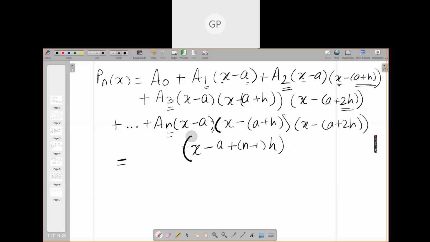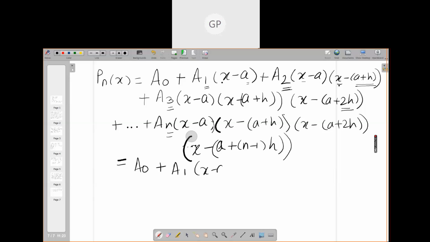This should be X minus A plus N minus 1 times H. यहाँ पे ब्रैकेट आएगा, और ये ऐसे आए. ओके, क्लियर? करेक्ट लिखा है अभी मैंने? Yes, ma'am. हाँ. तो अभी इसे हम सब्ट्रैक्ट करके लिखते हैं.